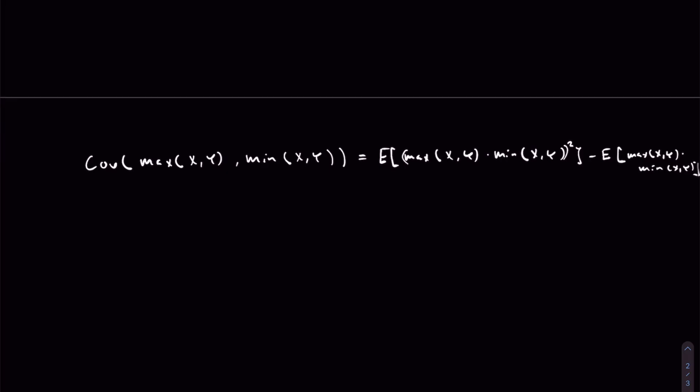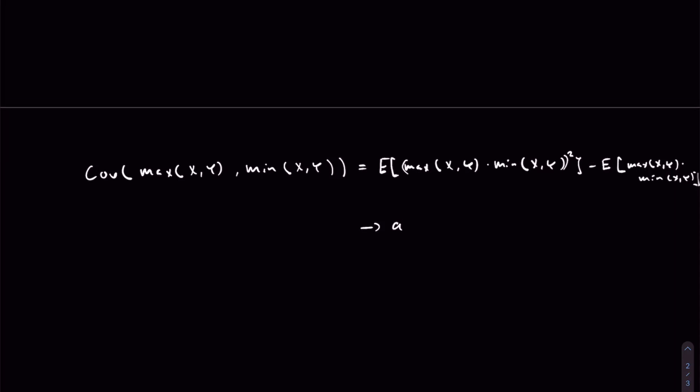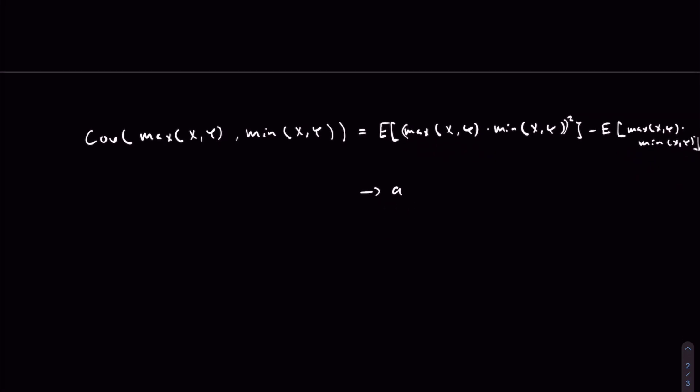So we have expectations here, and this will yield a constant. We'll just call this a. It gives you the covariance. It's just a number, right? It's not a random variable because we have taken the expectations over all the randomness that is in there.